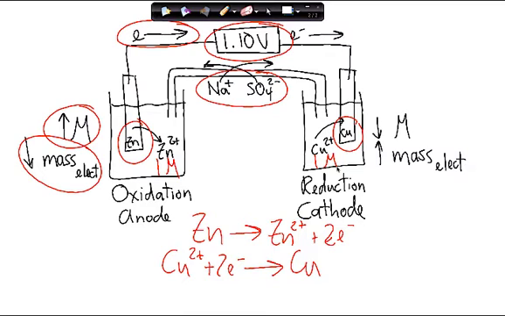But guys, this is at standard conditions, which is, I think, 25 Celsius, 1 atmosphere of pressure, which matters if one of these was a hydrogen cell, and 1 molar solutions. So when those 3 things are true, the temperature's right, the pressure's right, and the molarity's 1 molar, this battery creates 1.10 volts.